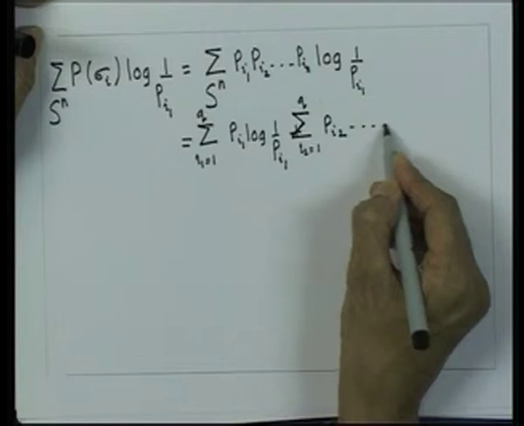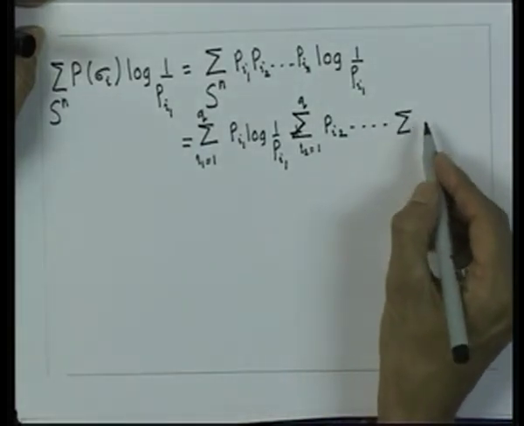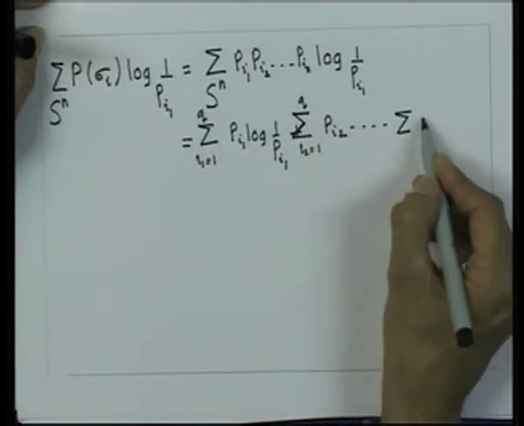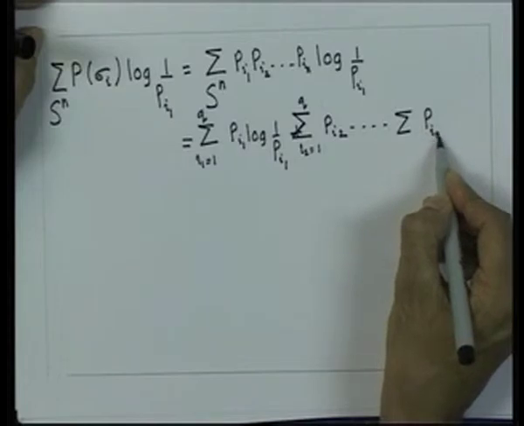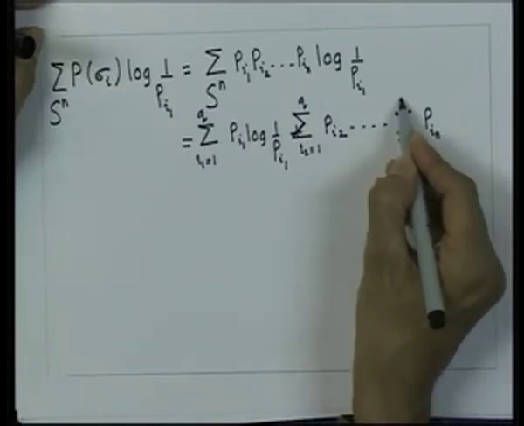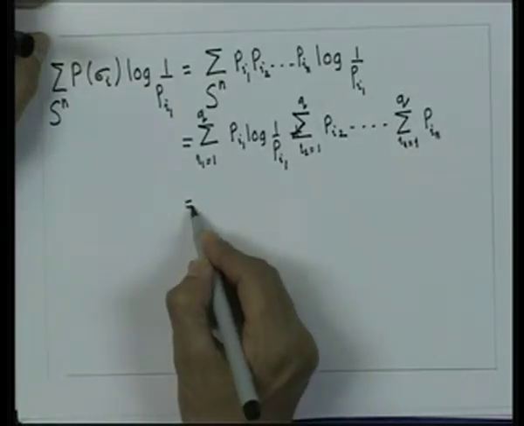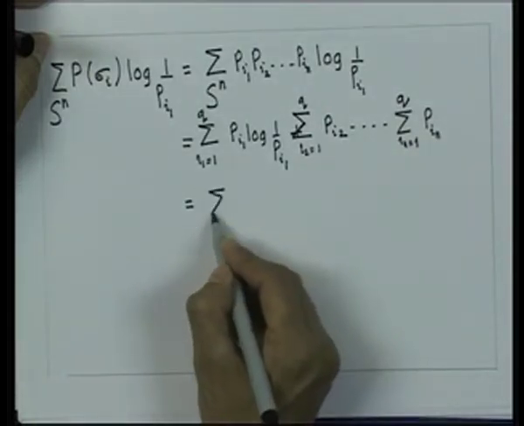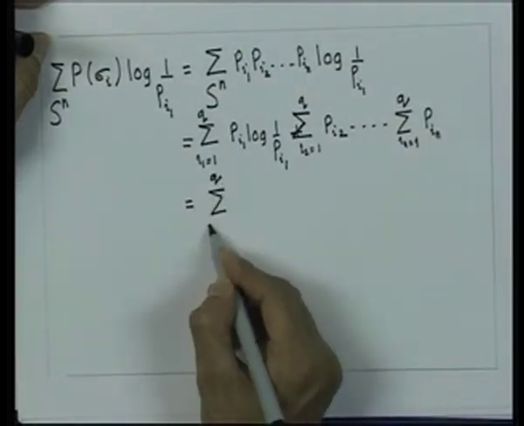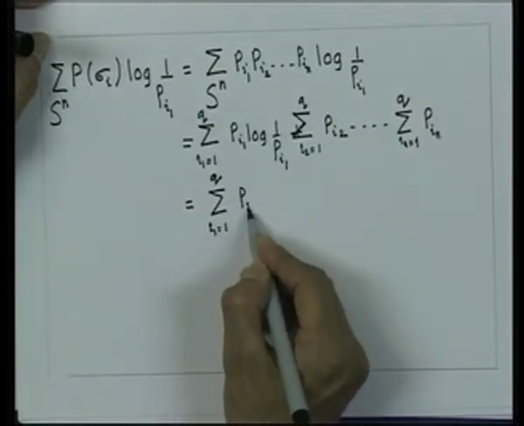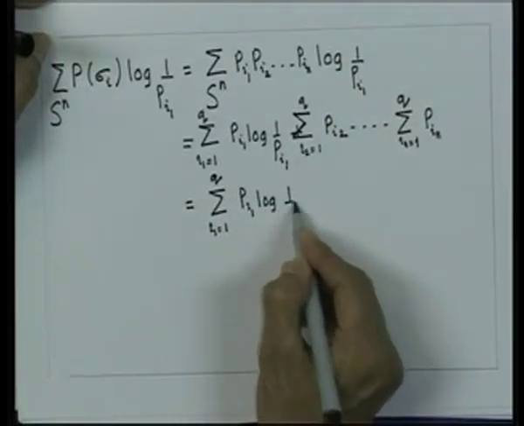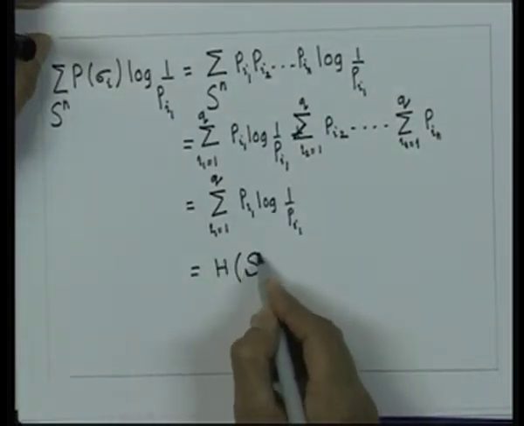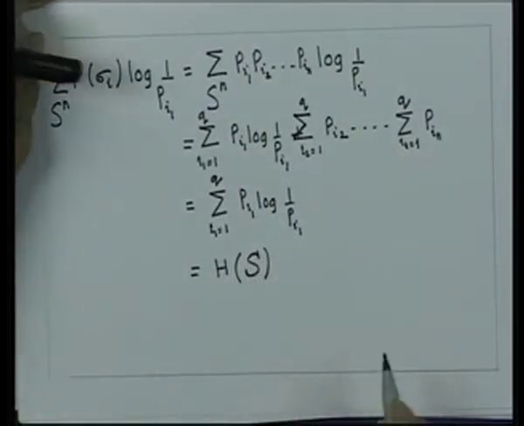The multiplications, and finally you have, and obviously because the summations out here are all 1, this is nothing but the sum over i1 equal to 1 to q of Pi1 log of 1 over Pi1, and this is by definition the entropy of my primary source or the original source S.